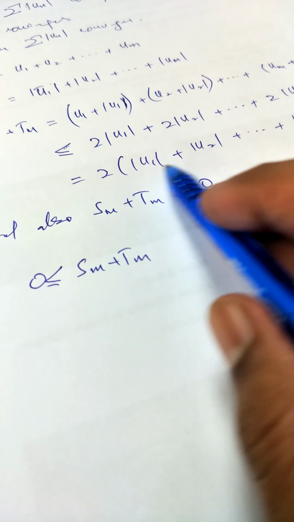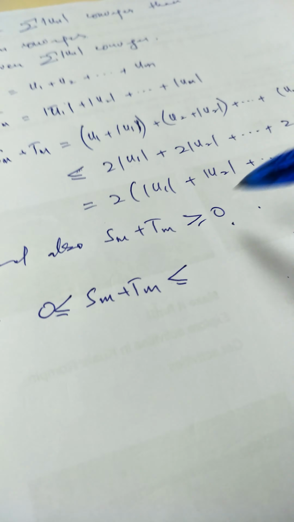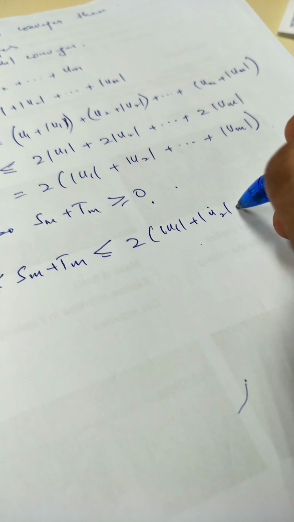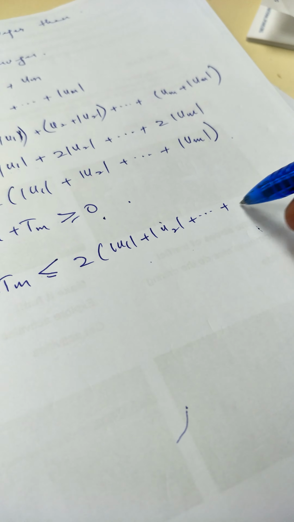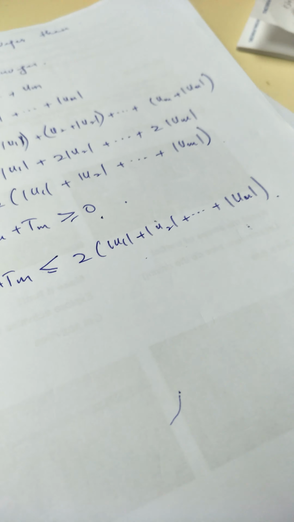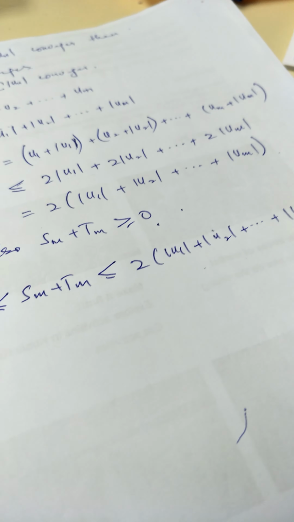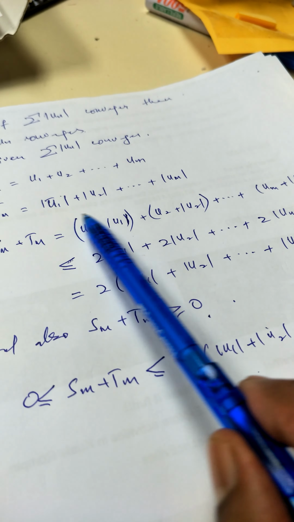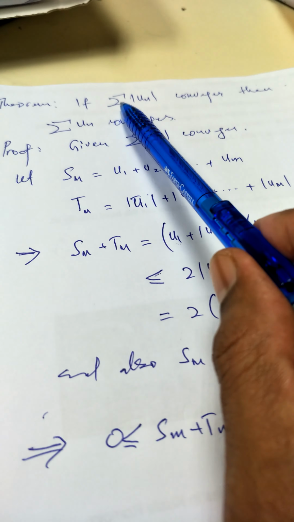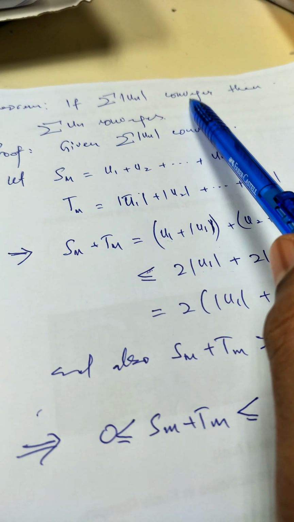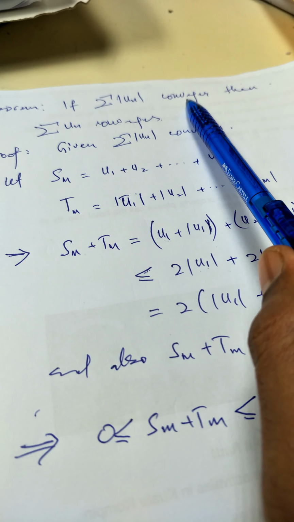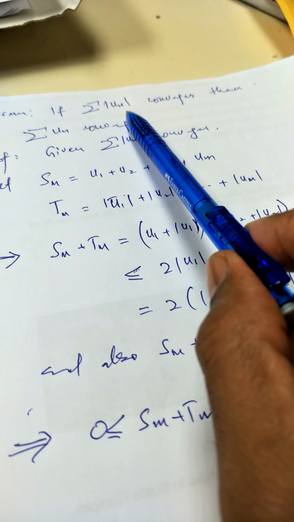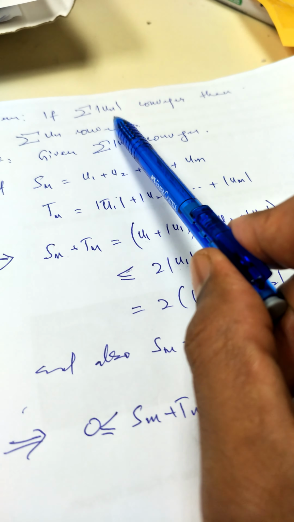And from that, it is less than 2 times the sum of the absolute values of u1 plus u2 plus up to um. What you can see from there is that, because the theorem says the absolute series converges, it is bounded and has a limit.